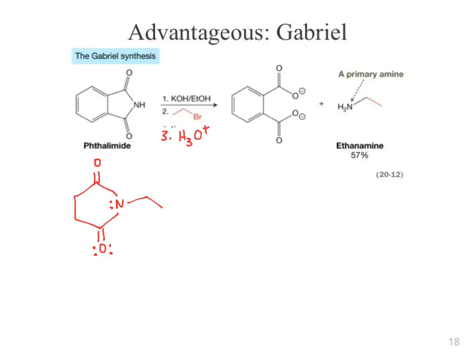Nitrogen. Why nitrogen? Because it's less electronegative than oxygen, so I would tend to agree with that statement, except the electrons on the nitrogen are not available. Why not? Resonance.